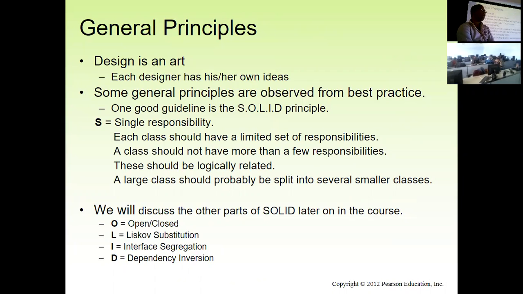Now, you don't want to have an account class, and inside the account class you have weather, as in the weather outside. Yes? Things that don't relate. That's just simplifying. A large class should probably be split into several smaller classes.